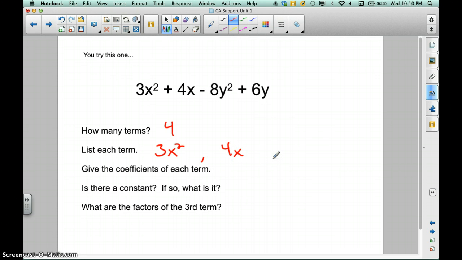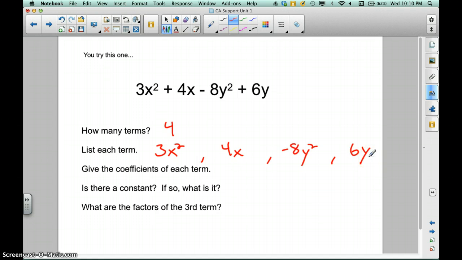If it's positive, we leave it. We only write negatives. The third one is negative 8y squared. And the fourth one is 6y. It's positive. We don't have to write the plus. So first term, second term, third term, fourth term.